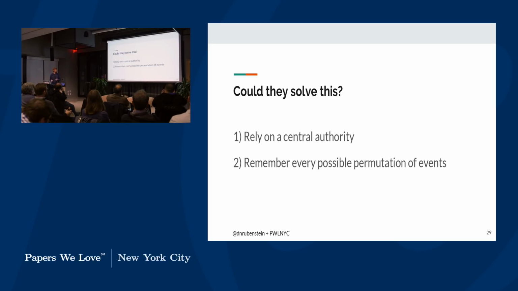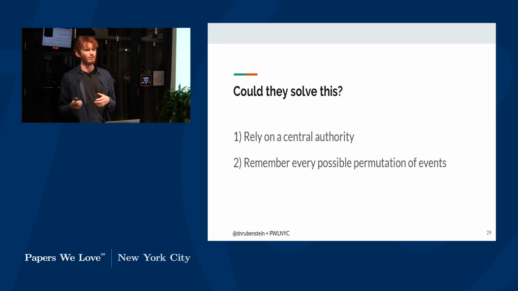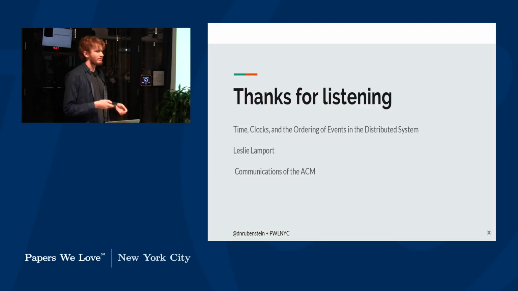And then option number 2, you could remember every possible permutation of events. This is something that you see more in the academic world and less in practice. It comes out of a paper by Colin Fidge 10 years later in response, where you basically send an array of all of the timestamps back and forth as you're sending your messages between processes.